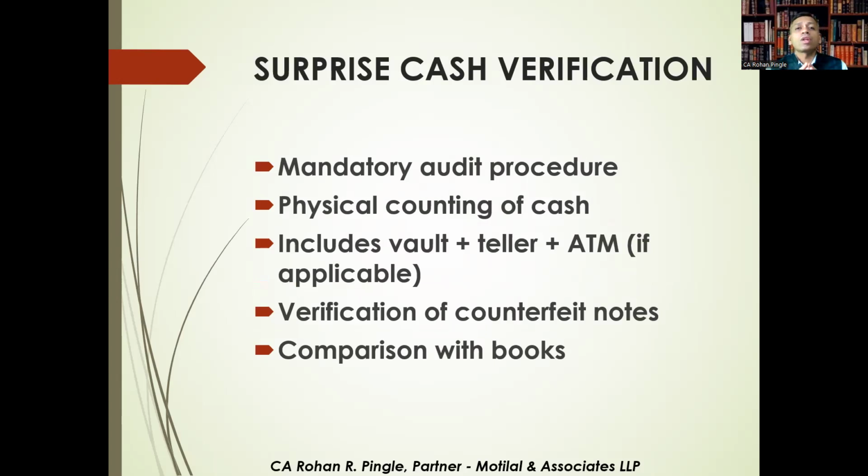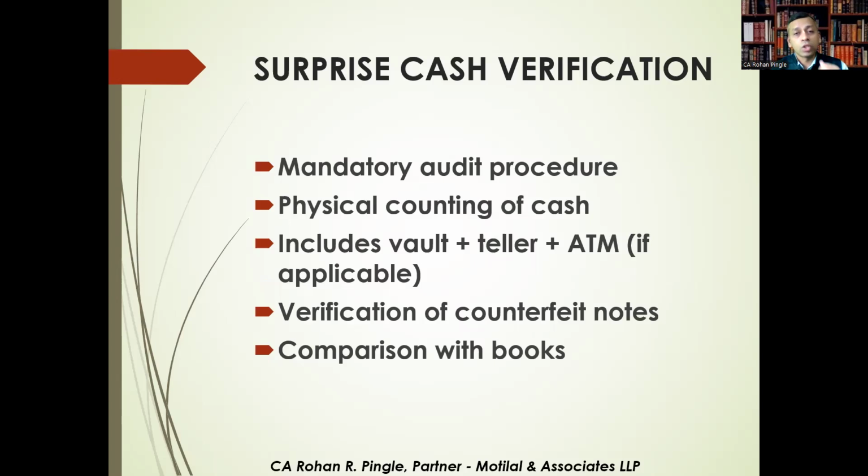Moving further, let's understand surprise cash verification. Surprise cash verification is one of the most critical audit tools. The procedure is to conduct an unannounced cash check, where you don't have to intimate the cashier or the branch officials about the day or time of the physical verification. Verify the cash involved, cash with traders, and ATM balances if linked with that.